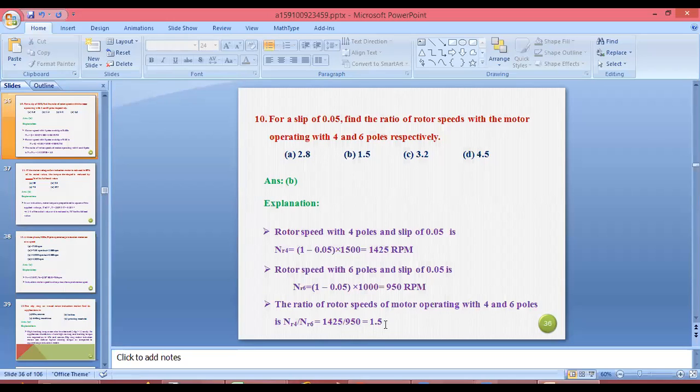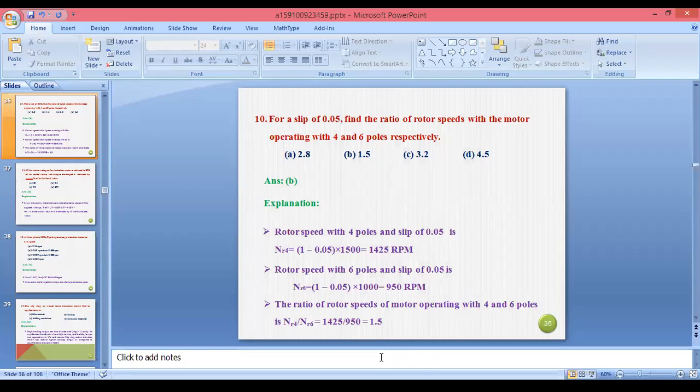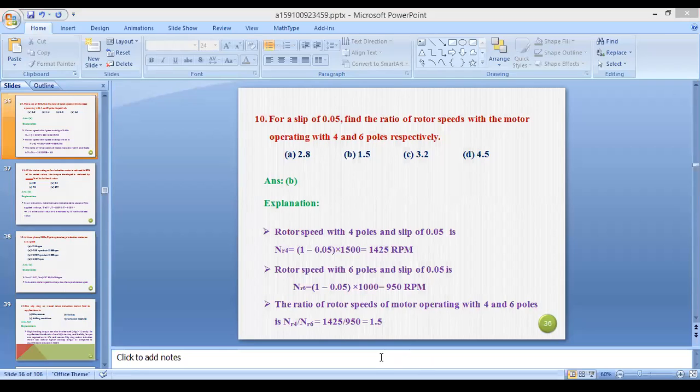So this is the ratio, so there is no need of a unit. Just wait for a minute. If anyone is facing any issue until that question, you can ask me.